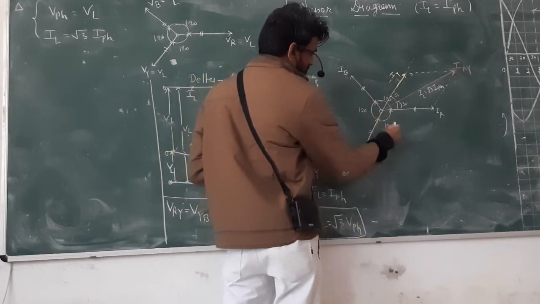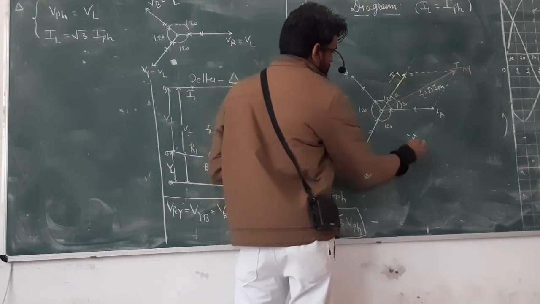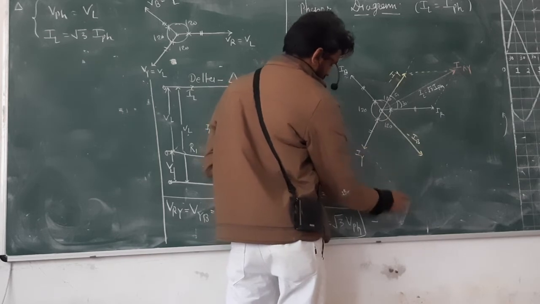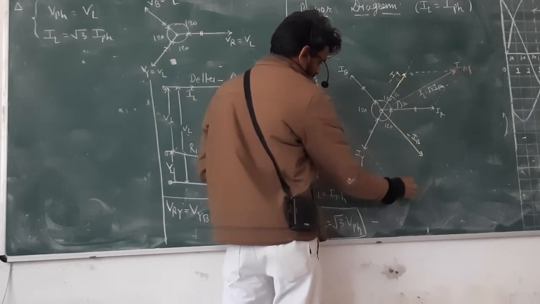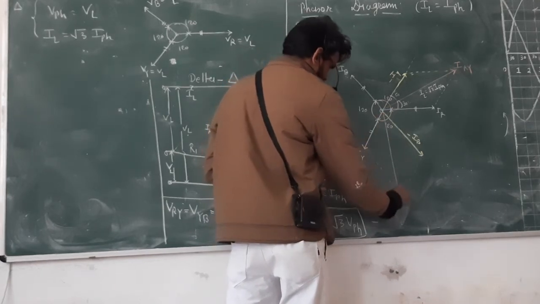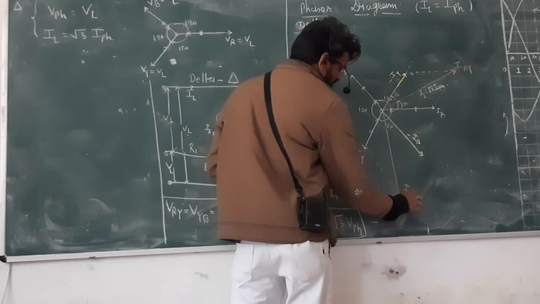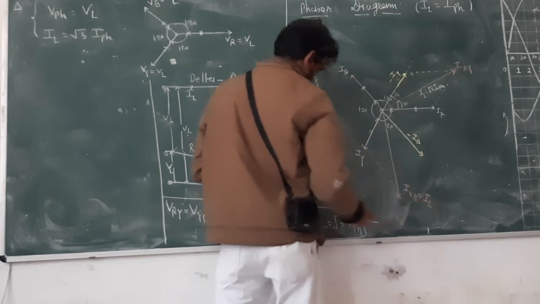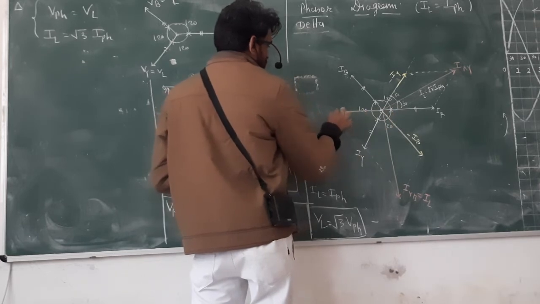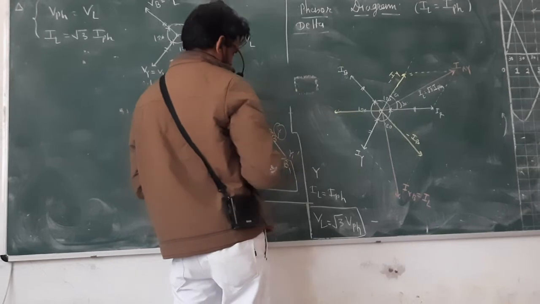IB in this direction, negative IB, add them, that becomes IYB, the line current. And split this IR vector in this direction, then add this way and add that way.